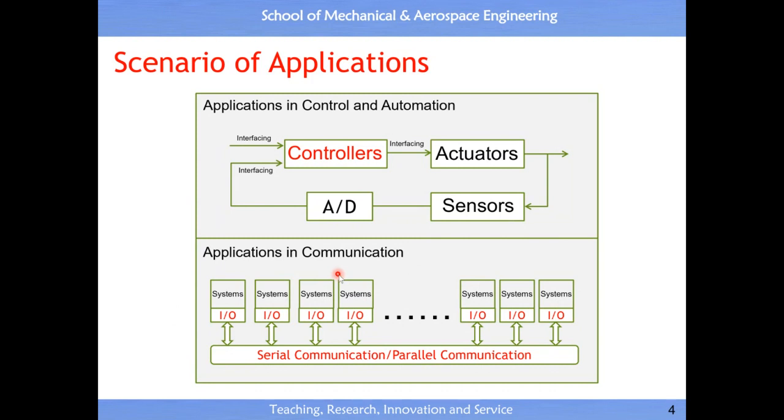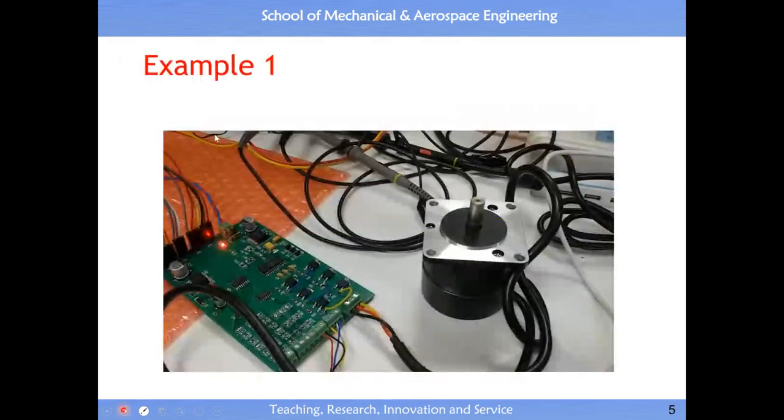Then in this case, you must know how to set up a network, how to exchange data between two devices. Okay, so these are the two typical scenarios of application in which you must incorporate microprocessor system. So that gives you a motivation for you to study this course.